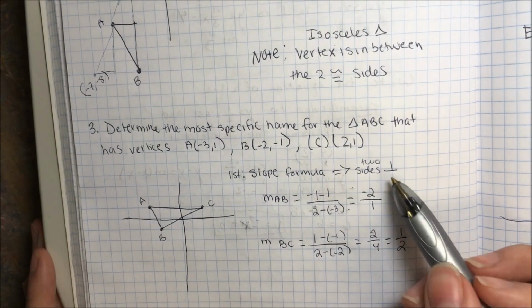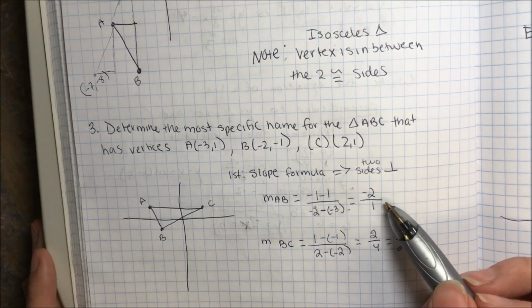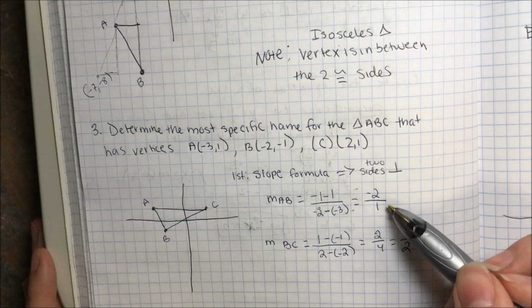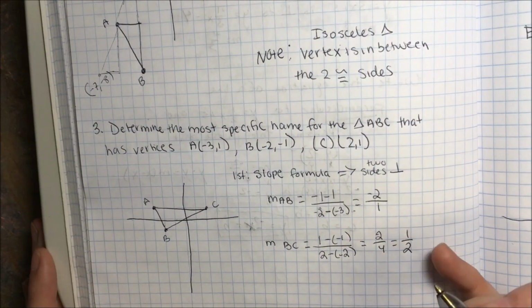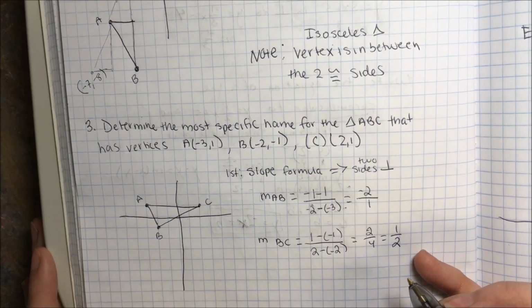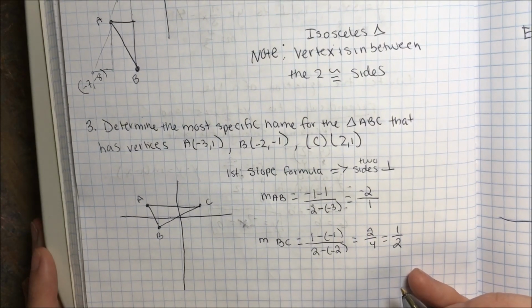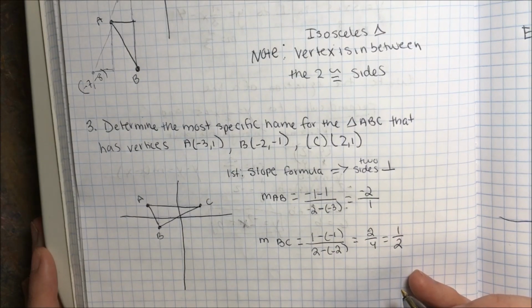So we proved that two sides are perpendicular because these are negative reciprocals of each other. So this is looking that it's going to be a right triangle, but we need to make sure that it's not isosceles. So we need to see that all sides are not equal.